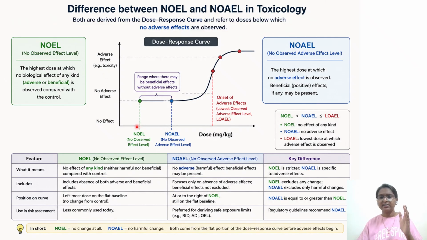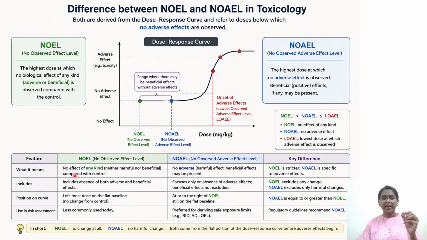The green line indicates the point at which there was no beneficial or adverse effect, and NOAEL is the point at which both beneficial as well as positive effects may be present. Sometimes NOEL and NOAEL may be equal, and in certain cases NOAEL might be greater than NOEL. So we will see the comparison of NOEL and NOAEL and the key differences between these two points of departure.